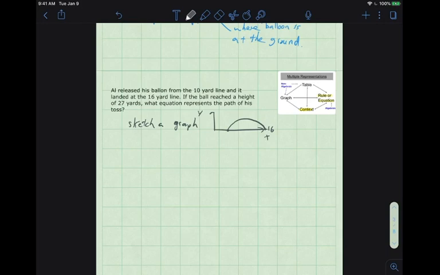I think that is a maximum. Max height, that's 27. Like that. And we don't know what this is.